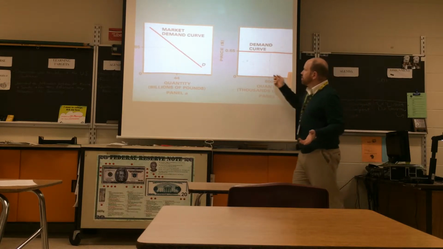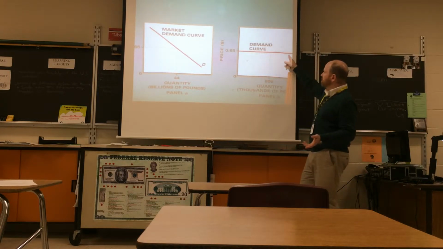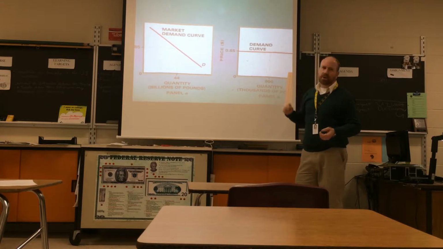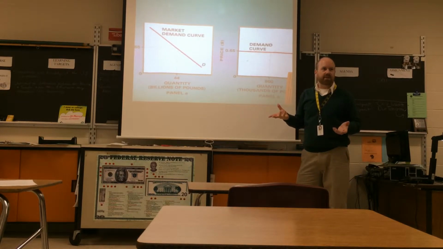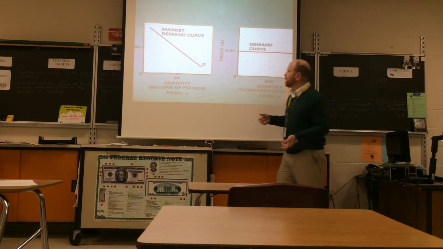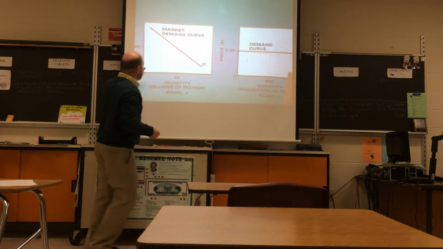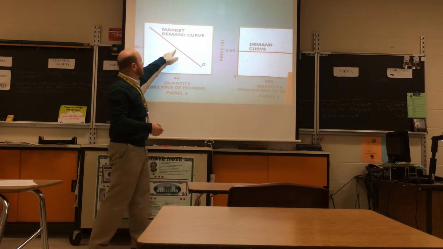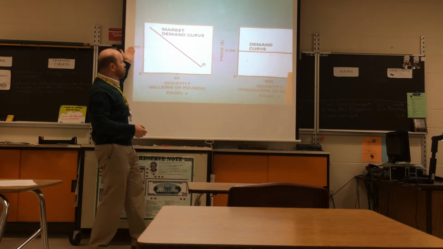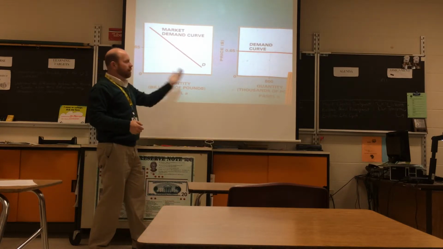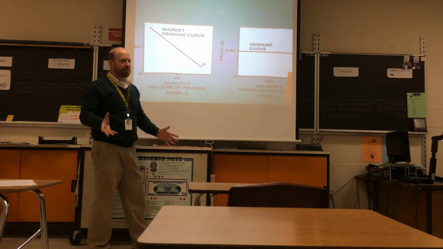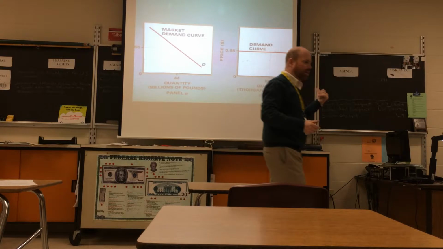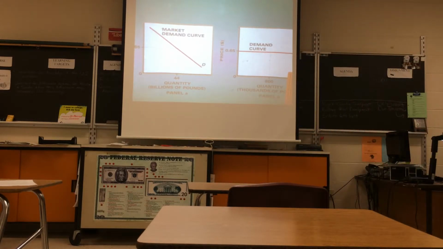So as a result, you can make as many apples as you want, and you should be able to sell them all at the market equilibrium price of 65 cents per pound or whatever. And that will be established. We should probably have a supply curve here too, but just imagine there's a supply curve and equilibrium is right here. So that we have an equilibrium price of 65 cents. All apple producers with a similar apple, same apple, have to take that. So they're price takers. They have to take whatever price is in the marketplace.